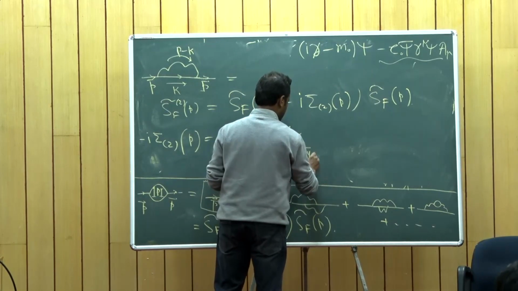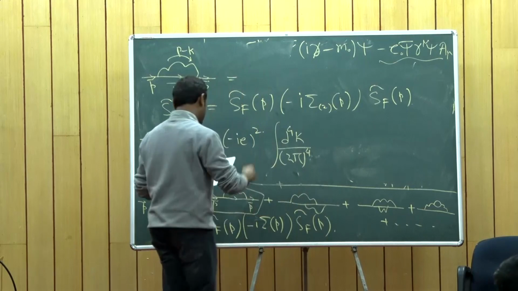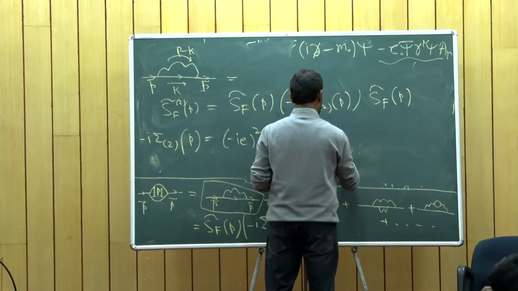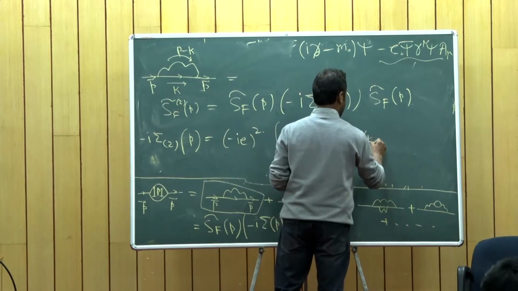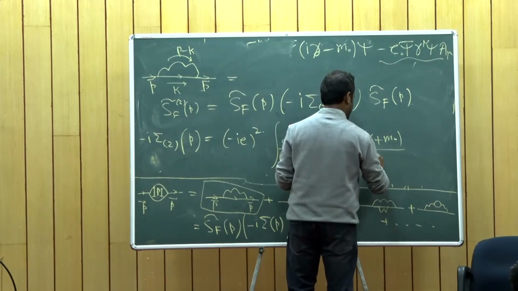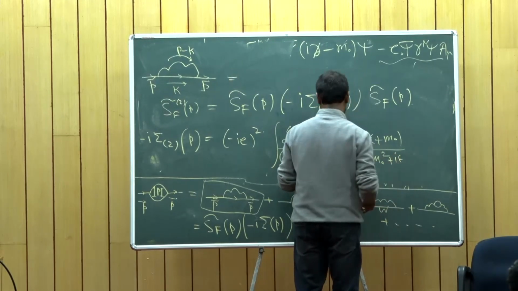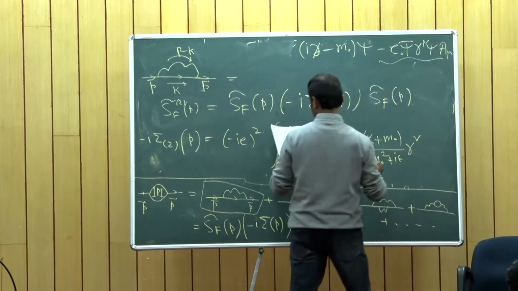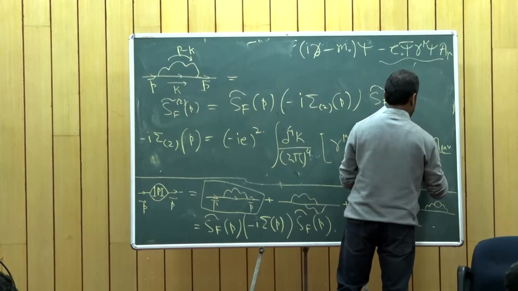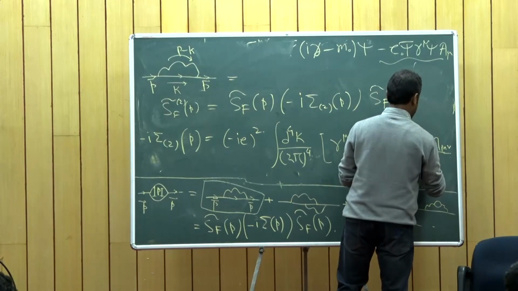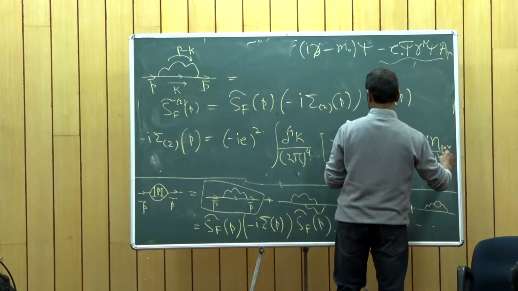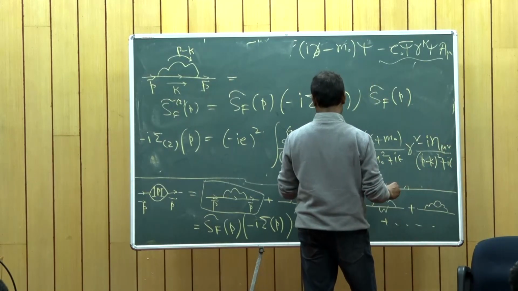There is an undetermined loop momentum which we should integrate over the full range: i (k slash plus m naught) over (k squared minus m naught squared plus i epsilon), then gamma mu, then minus i eta mu nu over (k squared) times (p minus k) plus i epsilon, and there is a gamma mu as well, right?